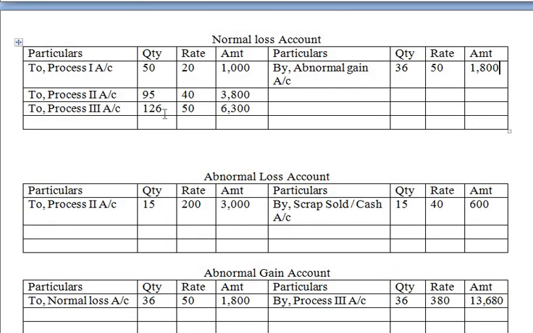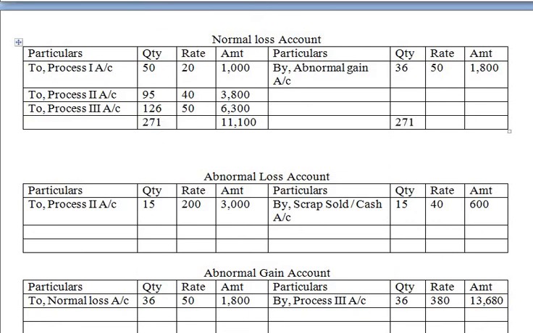Now we are going to close this account. Here it is 271 units and amount is 11,100.